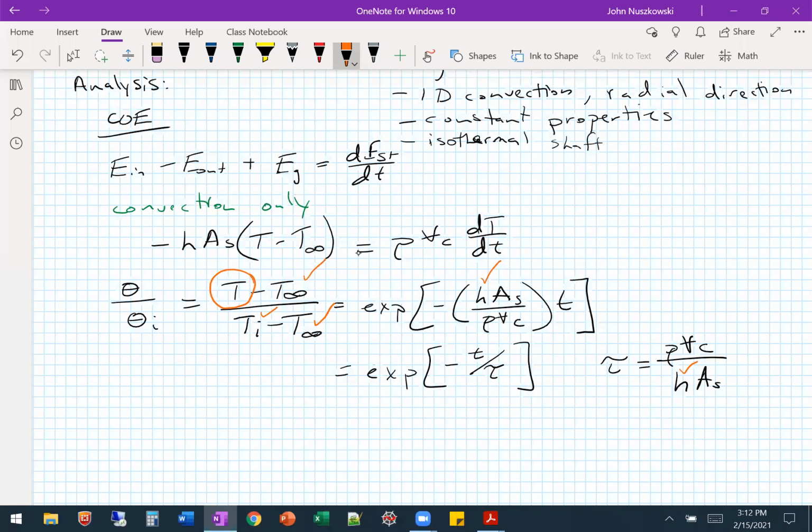We need specific heat, density, and we need our surface area over volume. And then time. So how do we get, let's start with, do we have the temperature? Let's do that.